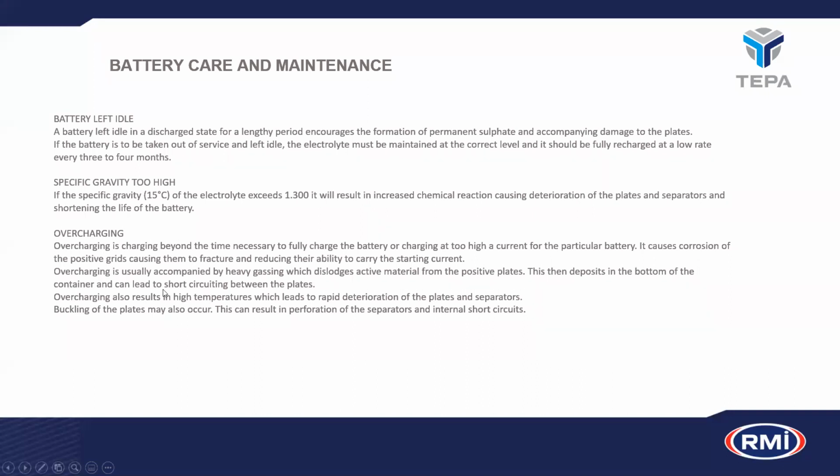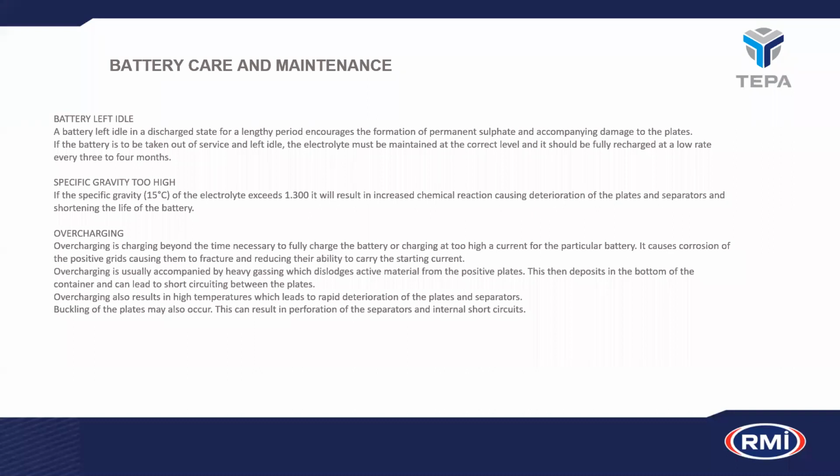I also spoke about overcharging earlier, where overcharging is usually accompanied by heavy gassing, which dislodges the active material from the positive plates. Now, what I mentioned just now regarding the alternator: if the alternator is overcharging, that'll cause heavy gassing. The gassing is actually water vapor coming out.